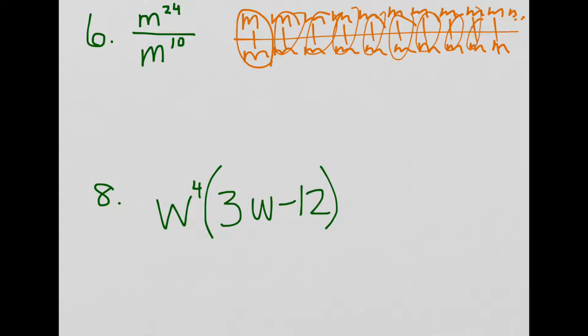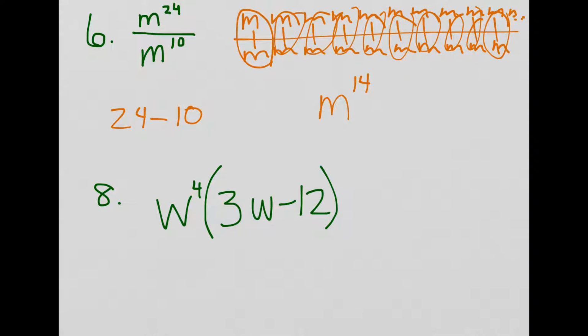And 1 times anything is that number, but how many m's do I have left after all these m's divide away? Well, it's almost like saying I have 24 minus 10. And so I must have m to the 14th. There must be 14 m's left in the numerator after I make pairs out of the bottom with the top.